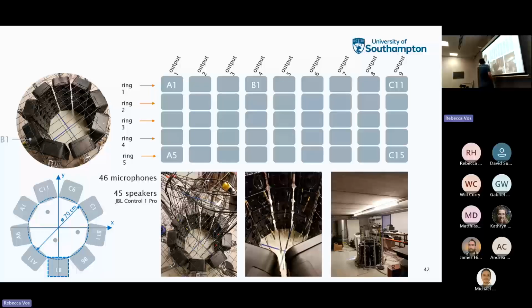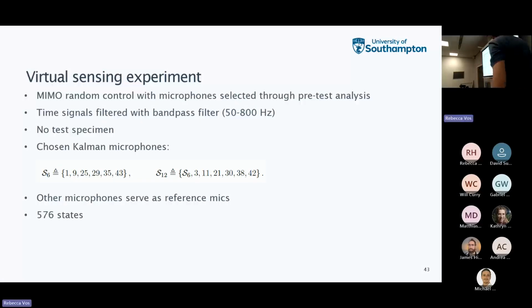We put a grid above this speaker array and hung the microphones down. It looks a bit messy, but these are the 46 microphones. It took perhaps one full day to get all the cables connected and all the microphones calibrated, but that's quite a big measurement.